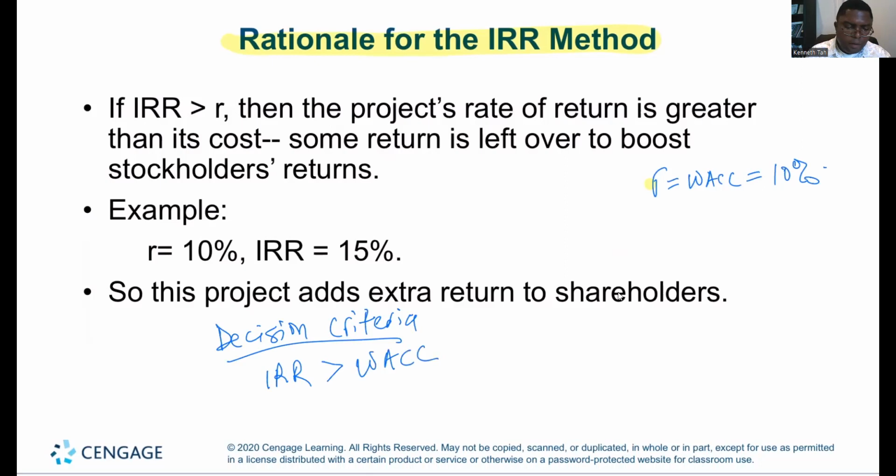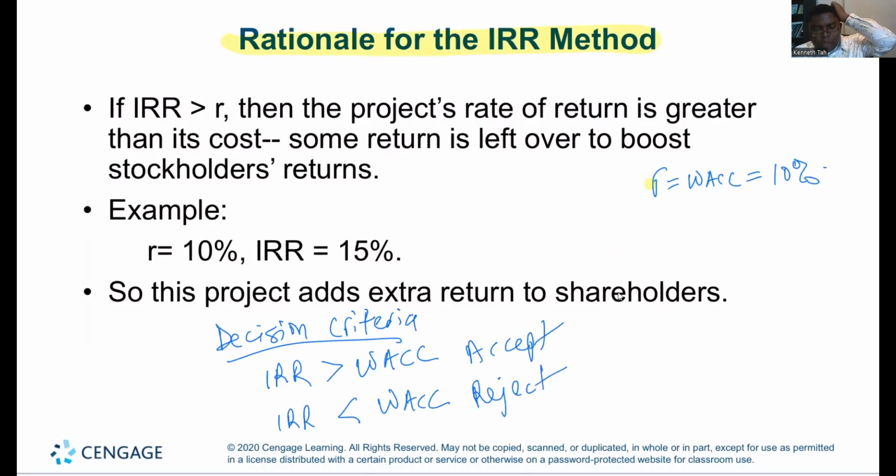If internal rate of return is greater than the weighted average cost of capital, we accept the project. If internal rate of return is less than the cost of capital, then that project is not going to be profitable. We are going to reject the project. So that will be the decision criteria.